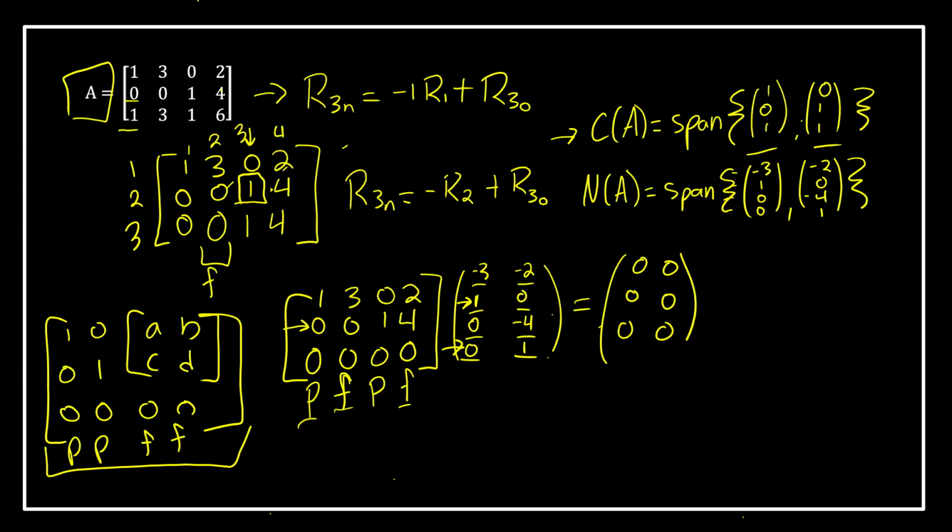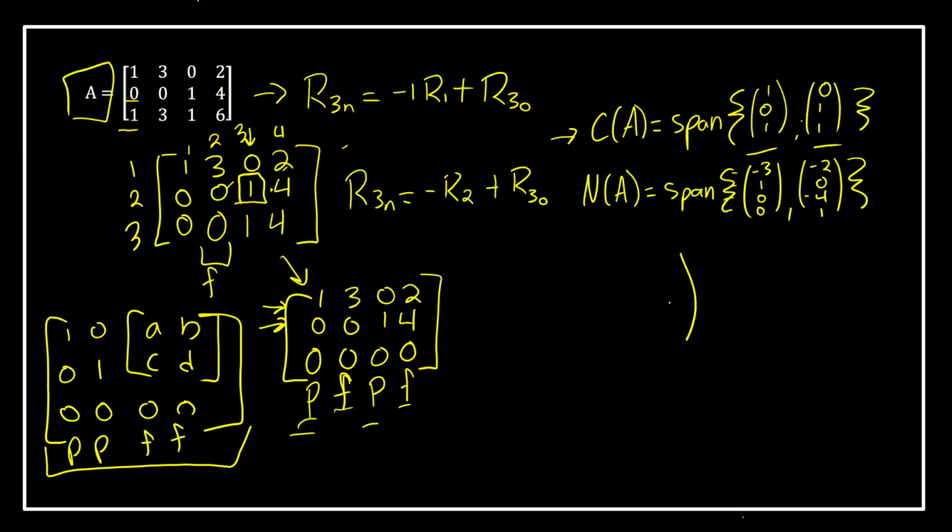All right. Now, how we find our row space and our left null space. We already have the tools to find our row space. Normally, once you've put your matrix in reduced row echelon form, the same pivots that you have, you take those corresponding rows instead of columns. So we're just going to take those first 2 rows from our reduced row echelon form, and that is the span of our row space.